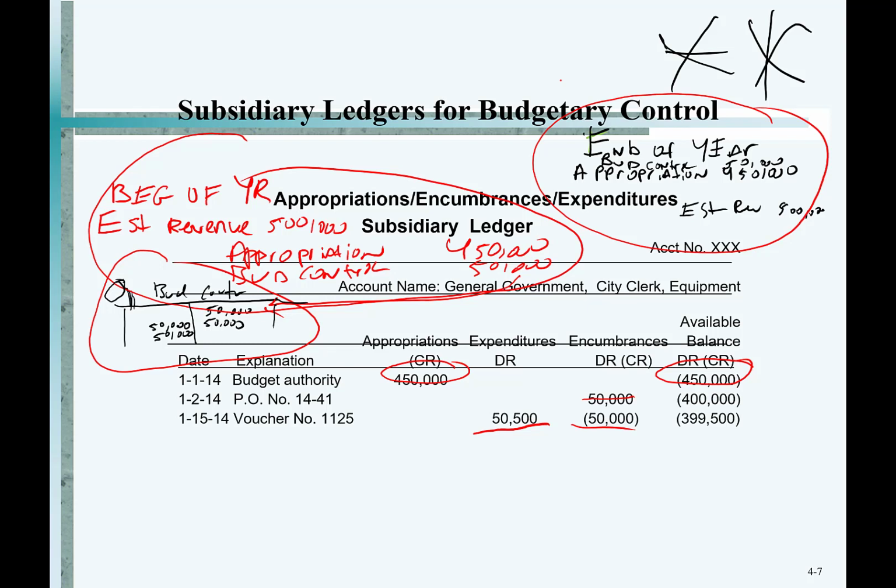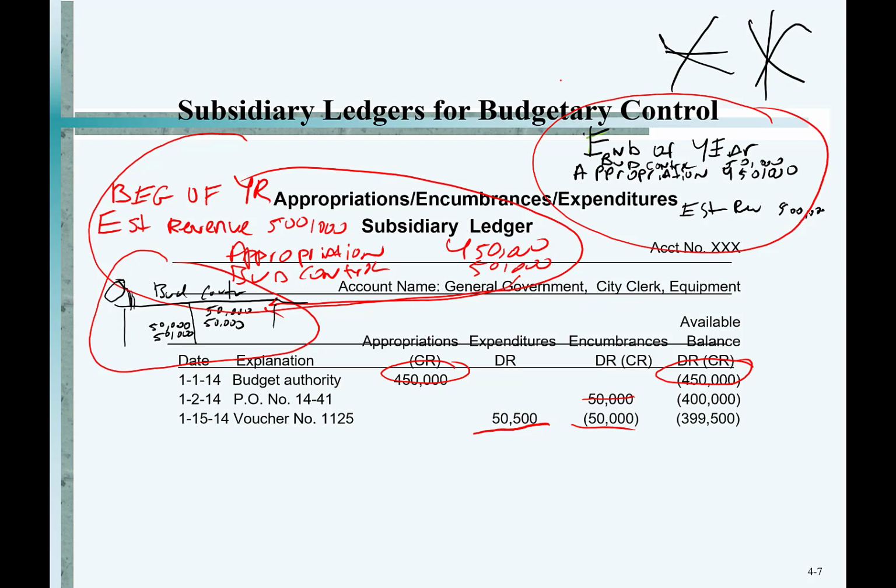Okay. Then I ordered the printer, the world's most expensive printer. And when I did, I debited encumbrances for $50,000.